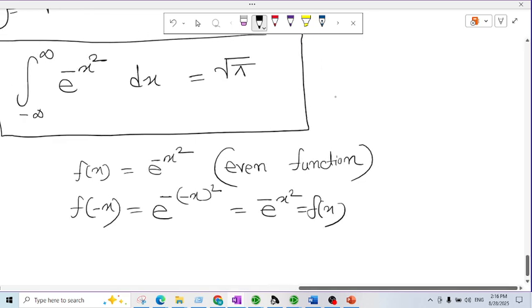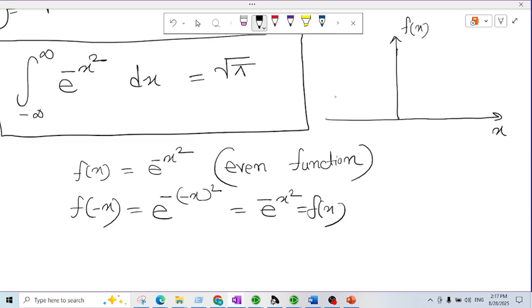If you plot this f of x, let's say this is x, and this is f of x, which is equal to e to the power minus x square. You will observe a graph which is symmetrical along the y-axis. That means what you get on the right side of the origin, you get the similar thing on the left side.